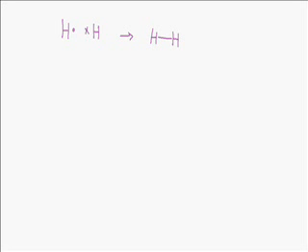Now, if I count the number of valence electrons for each hydrogen atom, to check whether their duplet is complete or not, these two shared electrons between the two atoms are counted for both atoms. This hydrogen atom will contain these two electrons in its outermost shell, so its duplet is now complete.